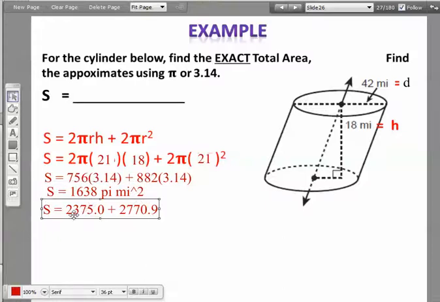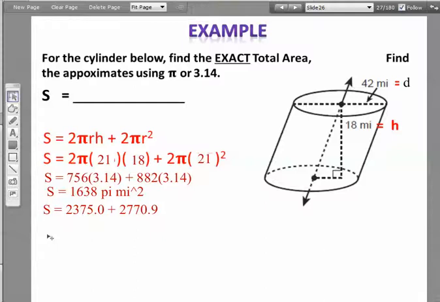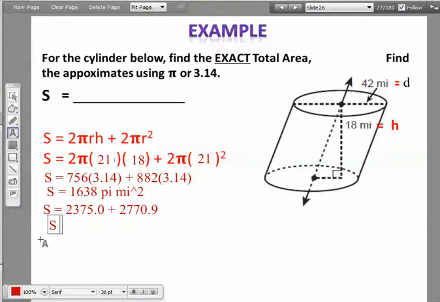And then on this next one, I'm doing the approximation. So I'm going to say S equals 2375 plus 270.9.